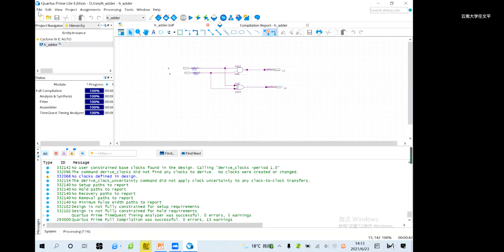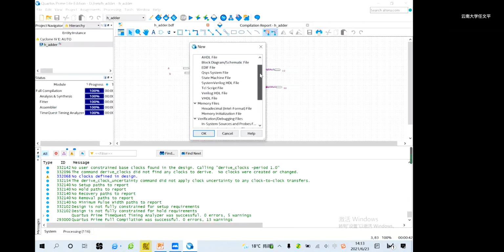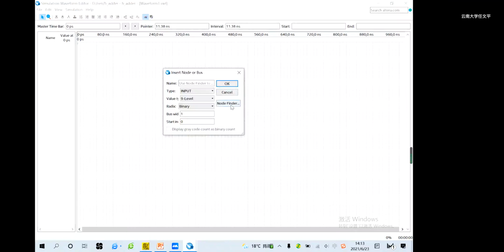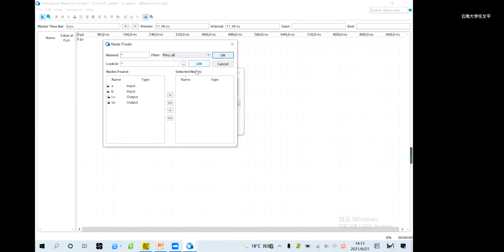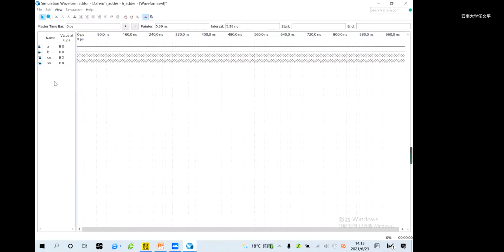Next, we give the circuit simulation. Double click. We give the input signal values.